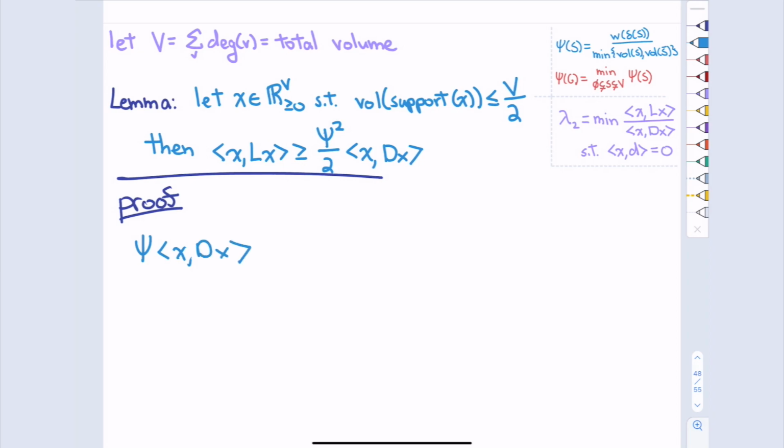Okay, and here's what we're first going to do. I'm going to number the vertices V1 through Vk. So in particular, I'm only going to worry about the vertices with positive value. The support of x, again, if there's any confusion about the term, is the coordinates i where xi is greater than 0, or really non-zero.